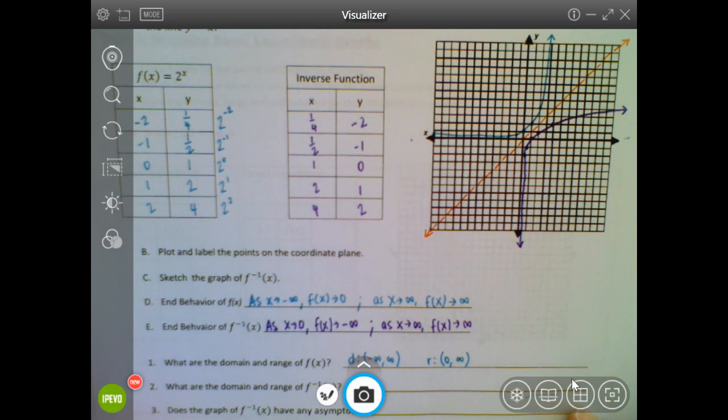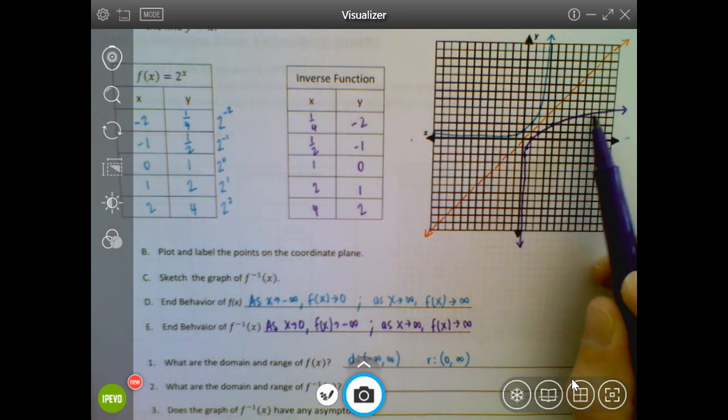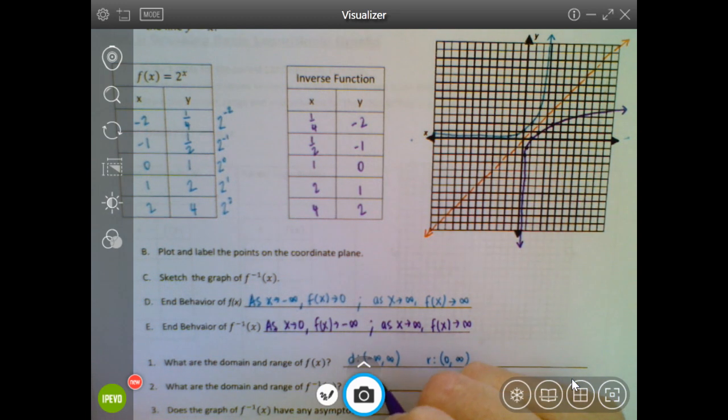So let's talk about the domain and the range of this graph. So the domain, or the x values, again, I'm not going past this x value of 0. So we're actually starting from 0, and my x values are going to continue to positive infinity. My range, again, that's the y values.